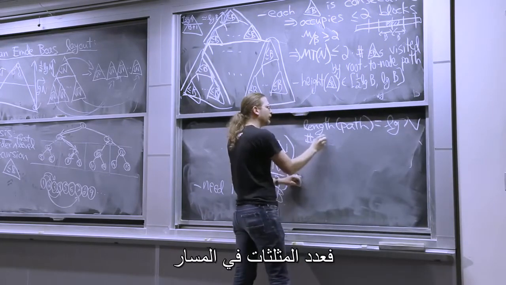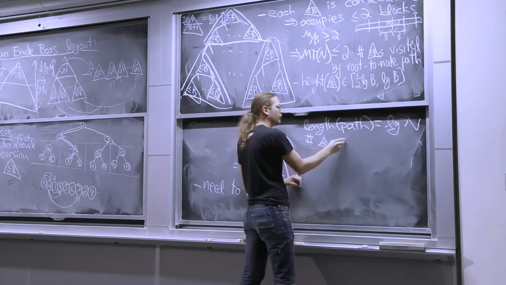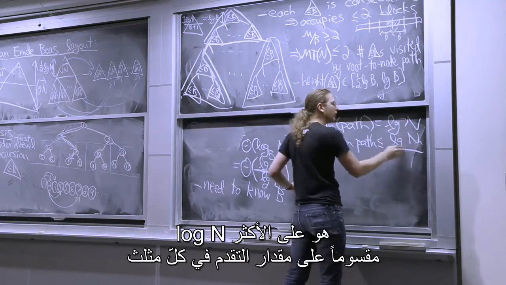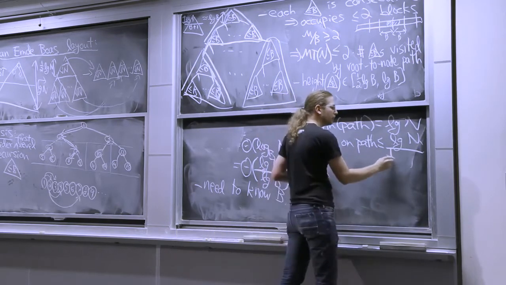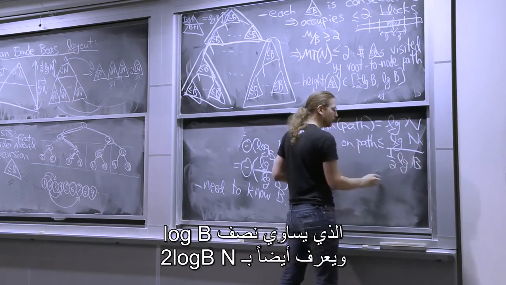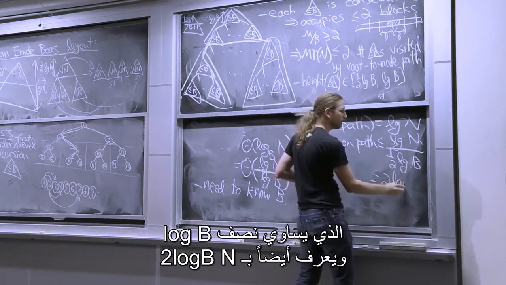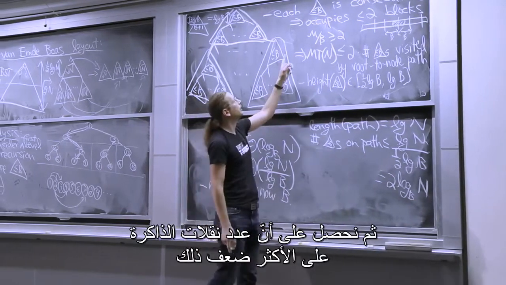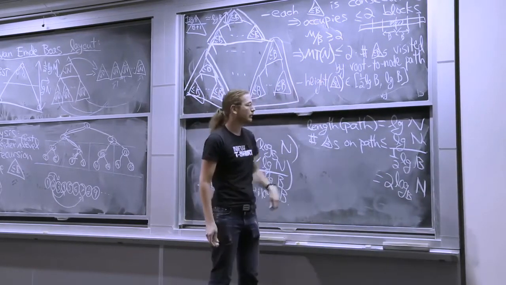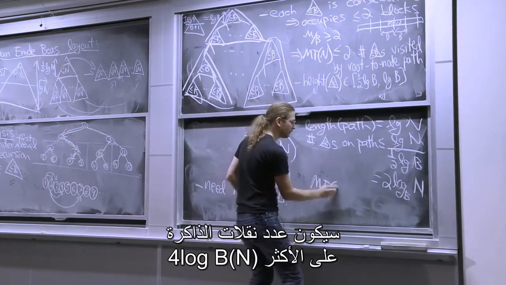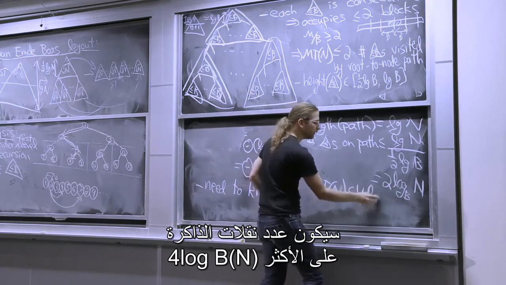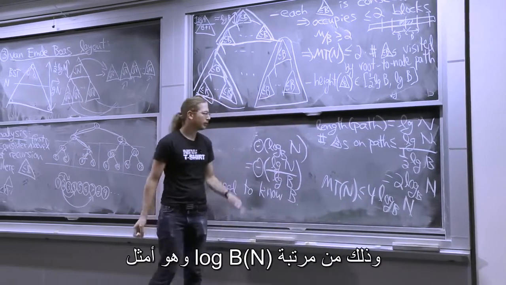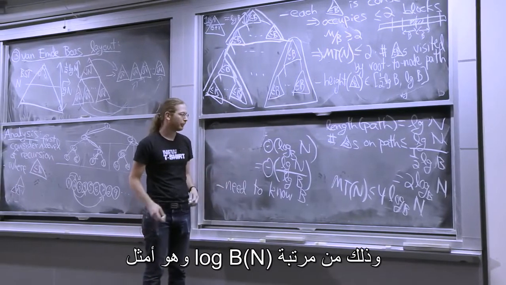So the number of triangles on the path is at most log n divided by how much progress we make for each triangle, which is half log b, also known as 2 times log base b of n. And then we get that the number of memory transfers is at most twice that. So the number of memory transfers is going to be at most 4 times log base b of n. And that's order log base b of n, which is optimal.